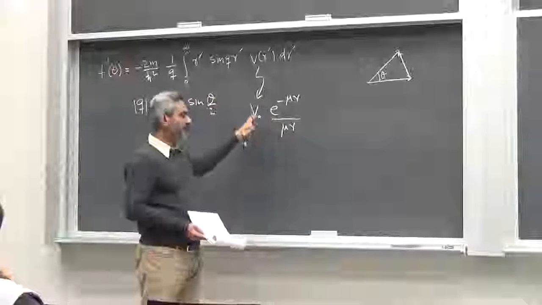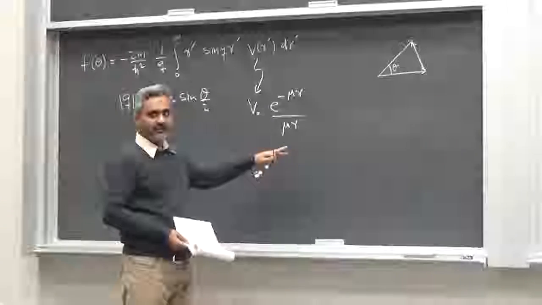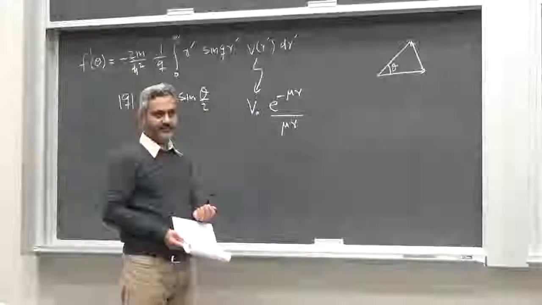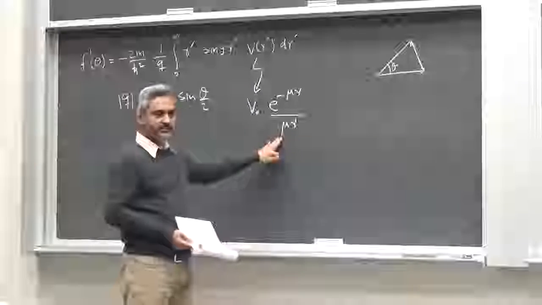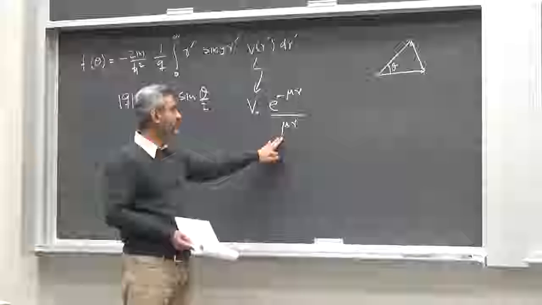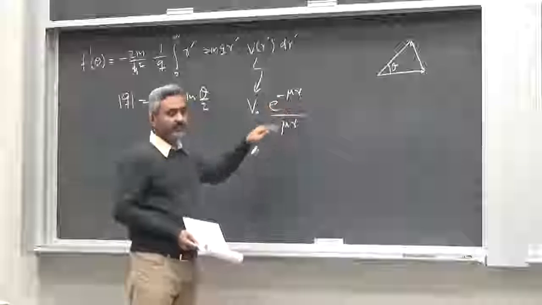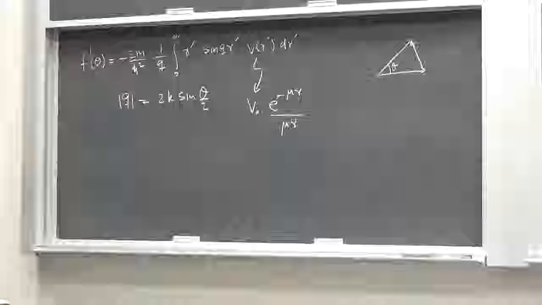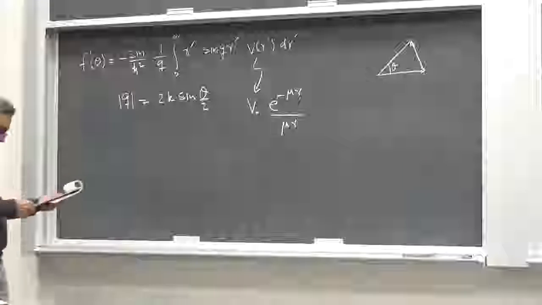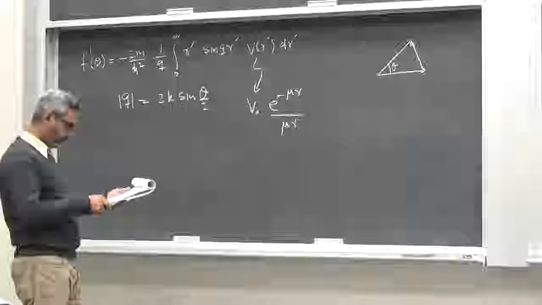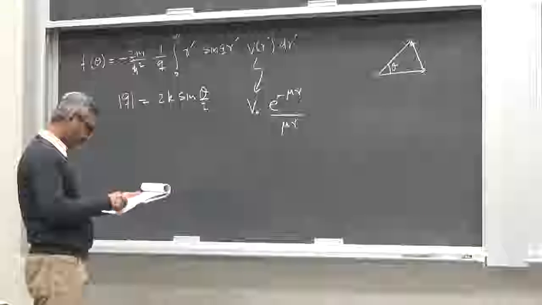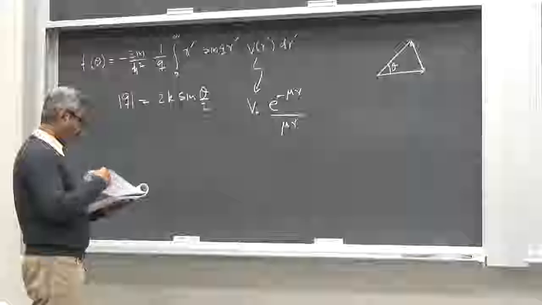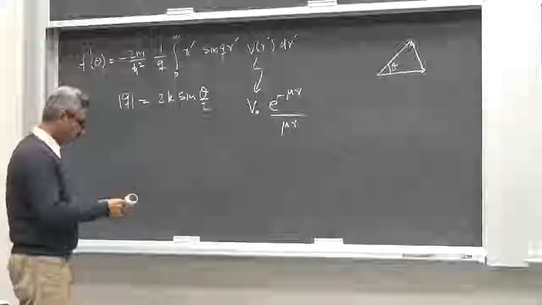Otherwise this is called the Yukawa potential. This is the range. Basically, this is related to the mass of the exchange particle, but you don't have to talk about the exchange particle there. This is just the range of the potential. Both V naught and mu are constants.